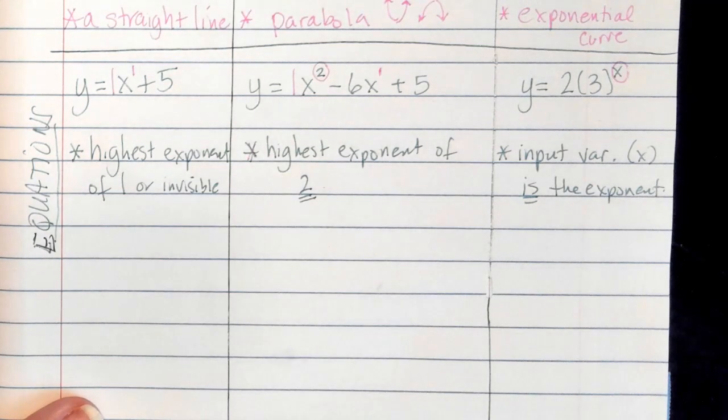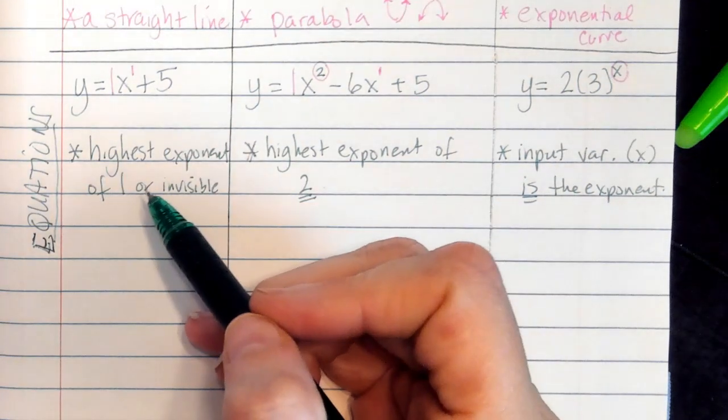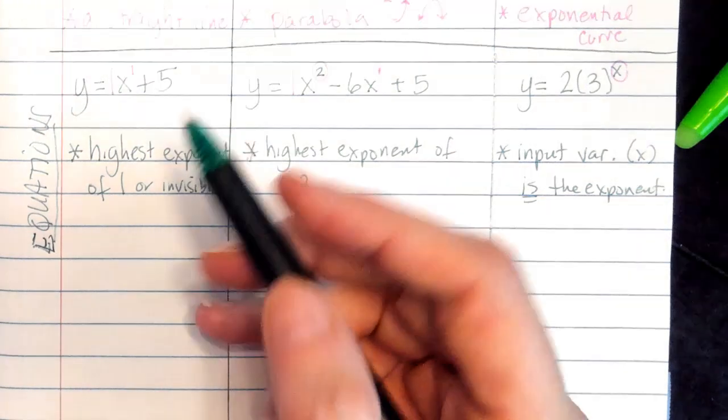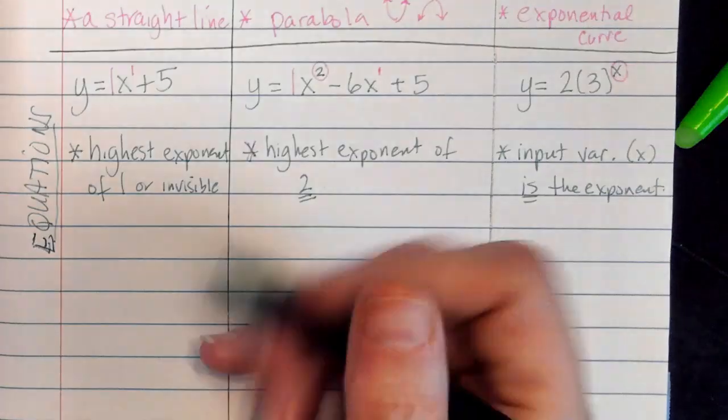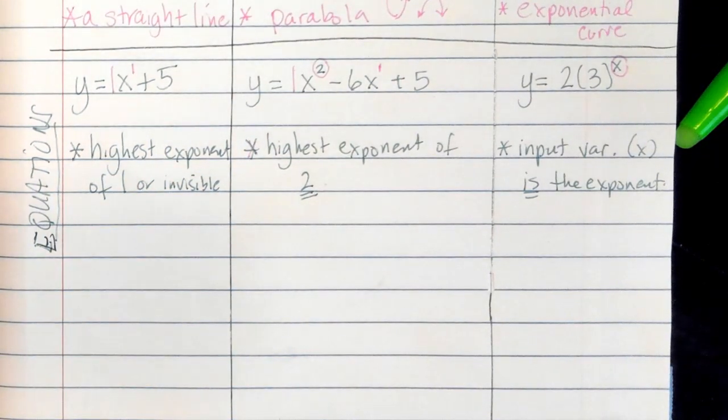Okay? Now, there's one thing that holds true for every single one of these. I'm actually going to highlight this because it's that important once I get done writing it down. So I don't know if any of you noticed, but I said the highest exponent is 1. But what if you had a negative exponent? If I followed my exponent rules, what would I have to do to that negative exponent to make it positive?